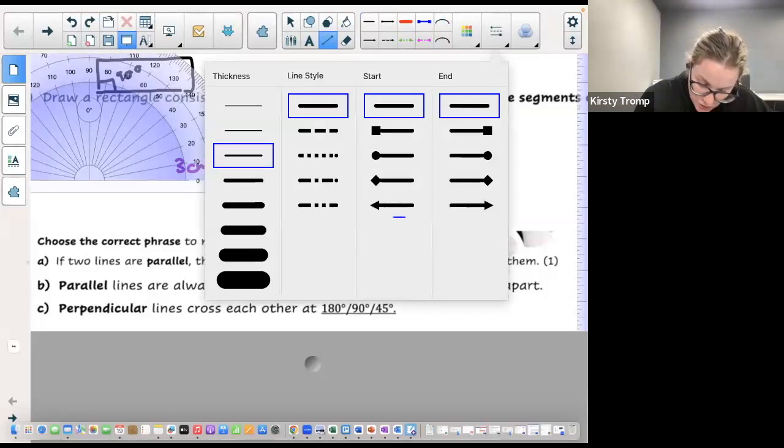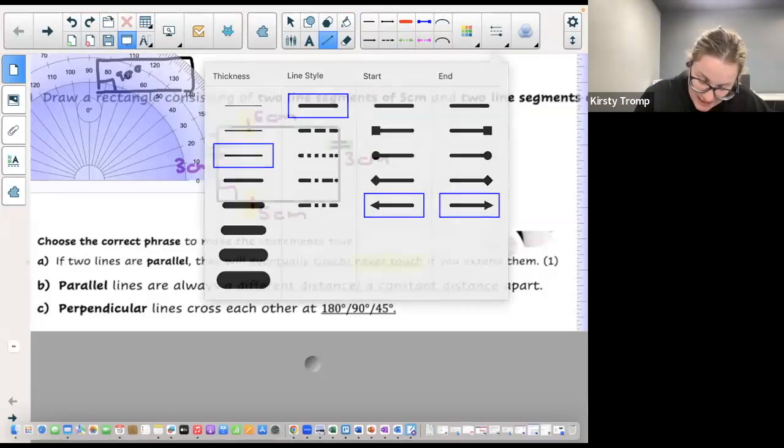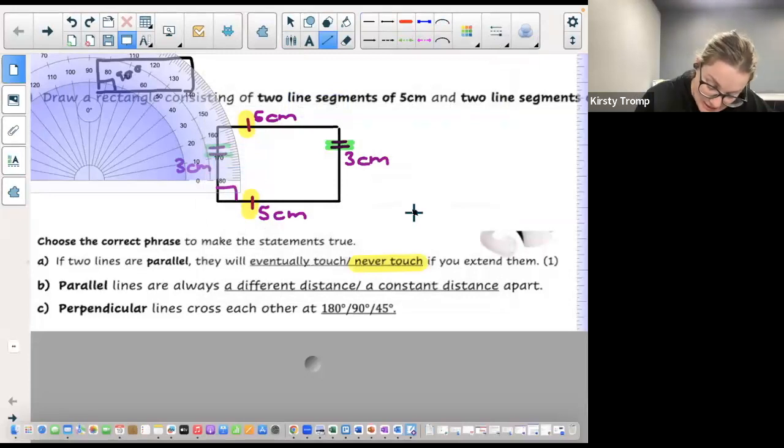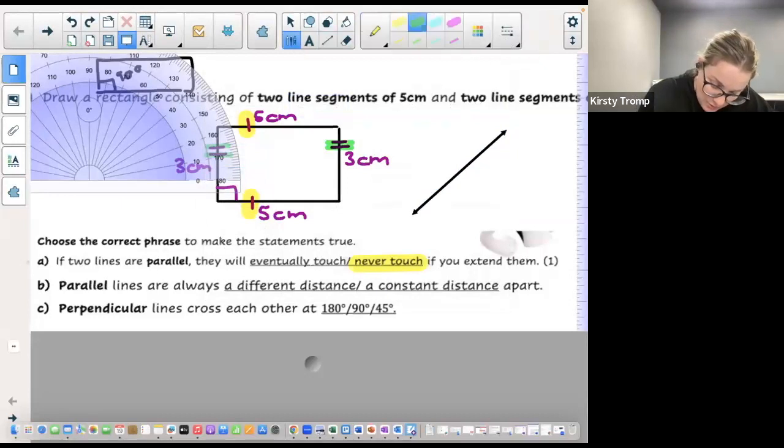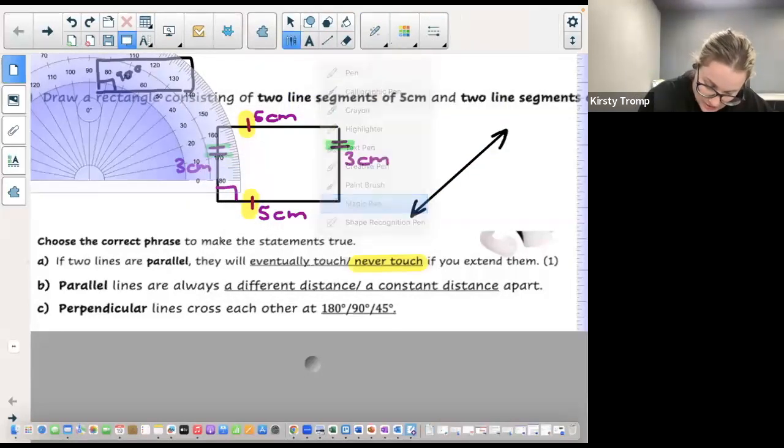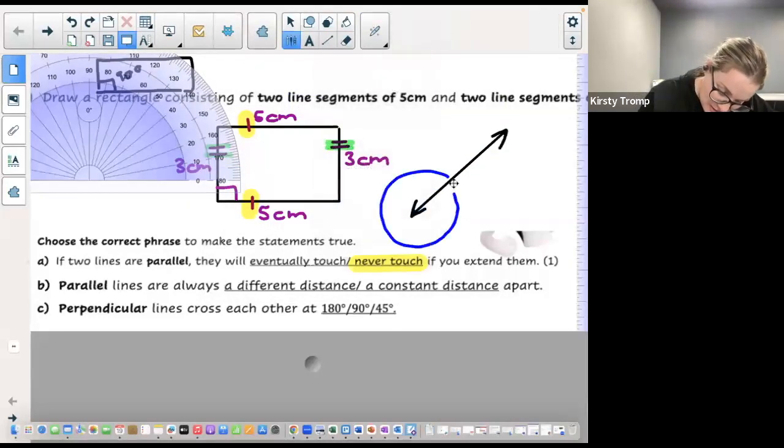Now, if I've got two lines, remember a line means that it's got an arrow in the beginning and an arrow on the end, okay?